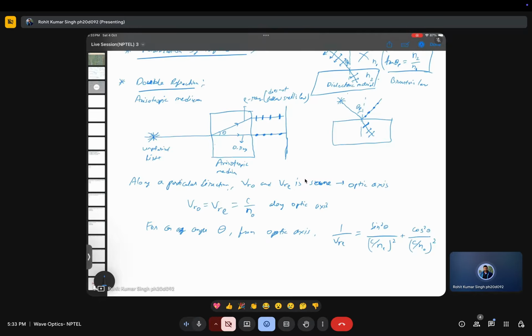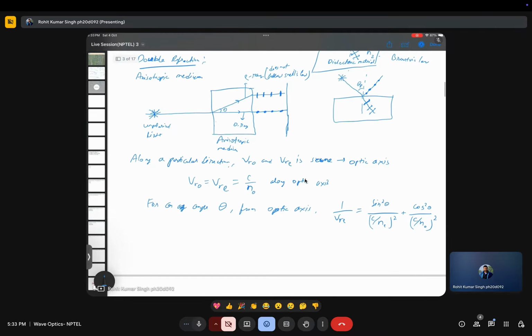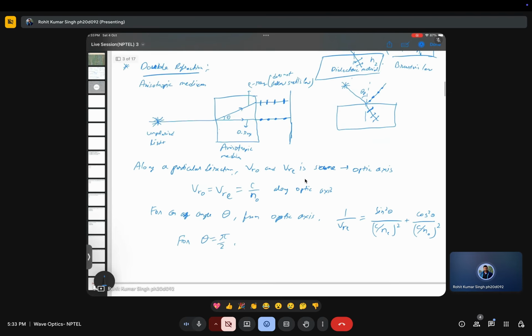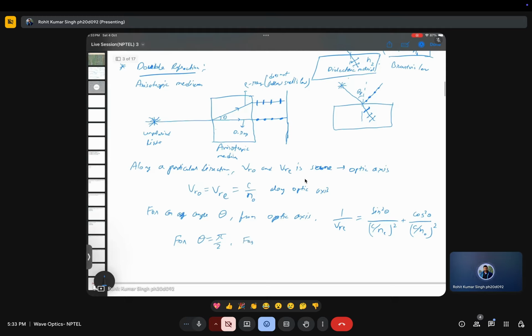Now if you are looking at an angle perpendicular to the optic axis, so basically theta equal to pi by 2, and you have a negative crystal. So what is a negative crystal? For a negative crystal like calcite, the refractive index for the extraordinary ray is less than the refractive index for the ordinary ray.